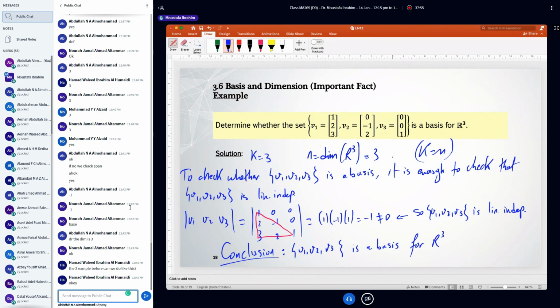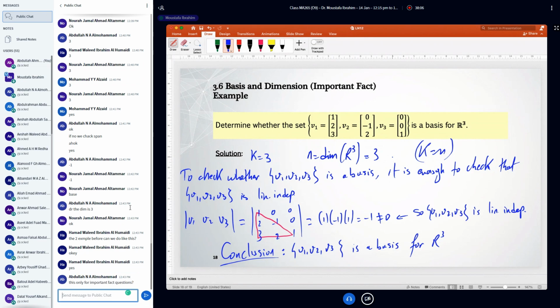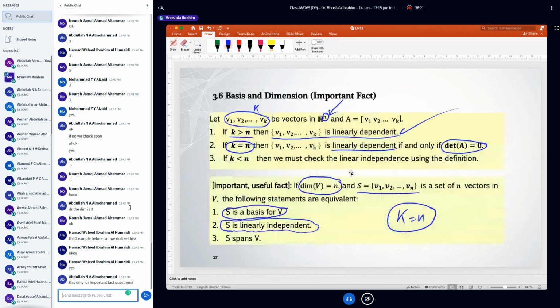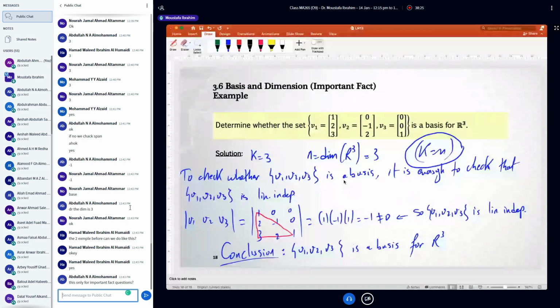It can be 1, it can be 3. So you don't know. Clear? Okay. The important fact means, yes, if k equals n, always, if you know the dimension of the vector space and k equals n, you can use it directly. Okay?